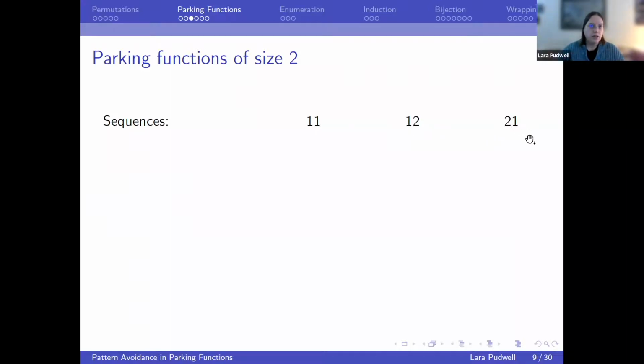But here's an alternate way I could represent the parking functions. I could make a list of sets where the first set is the cars that like spot 1, and the second set is the set of cars that like spot 2. So here, both cars like spot 1, nobody likes spot 2. In each of these, you have one car liking each spot, and this specifically is car 1 likes spot 1, car 2 likes spot 2.